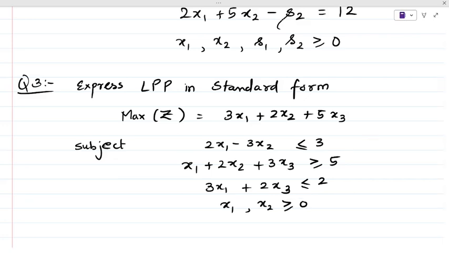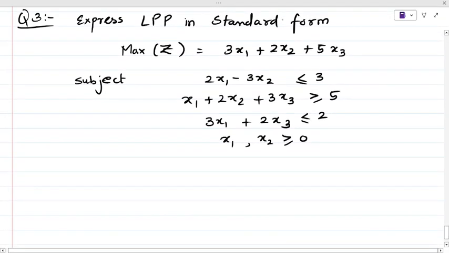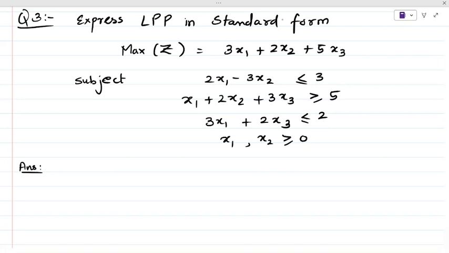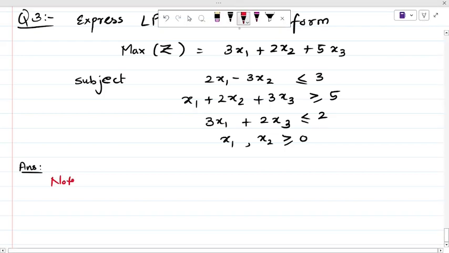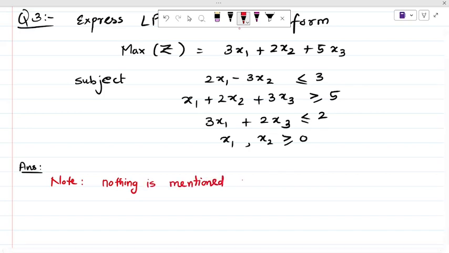There is no mention about x3. So we must understand here that whenever a variable is not mentioned in the question, that means it is a free variable, it is an unrestricted variable. So here we'll note down that nothing is mentioned about x3 in non-negativity condition.